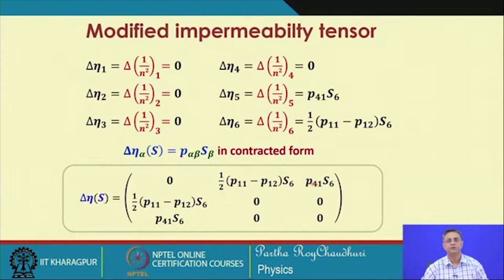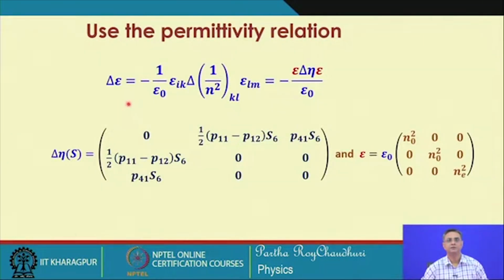Therefore, in this case there is no change in the square terms of the ellipsoid, only the cross terms which involve xy and xz, but no yz. So, there will be 2xy into this, and 2xz into this in the index ellipsoid. Having known this, we can use the permittivity relation to calculate the change in the permittivity.